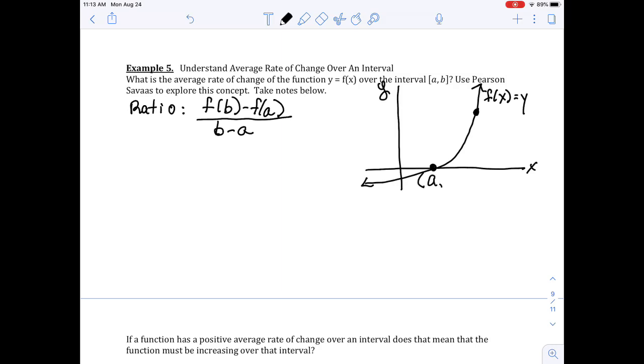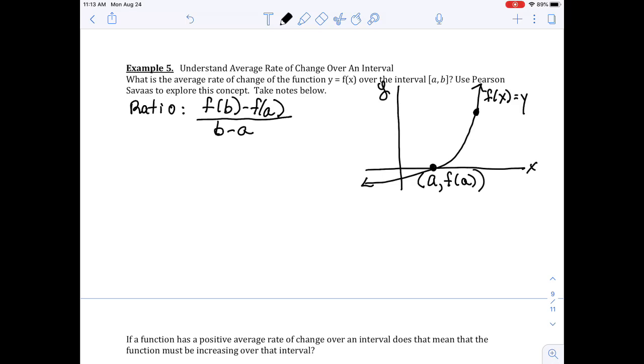This point here, I am going to label a, comma, f of a. Now, we don't know what the rule for the function is. We know that in this particular graph, it's non-linear. And when I say non-linear, I mean this is not the graph of a line.